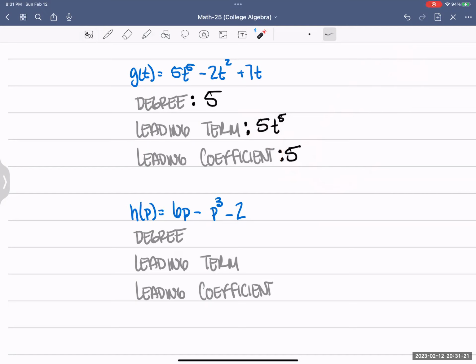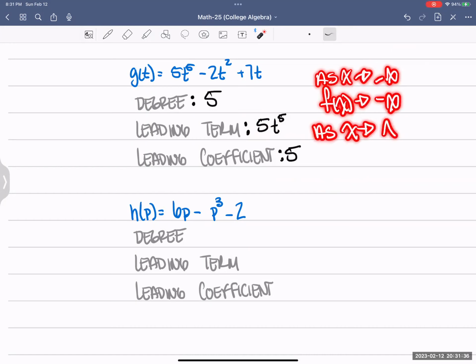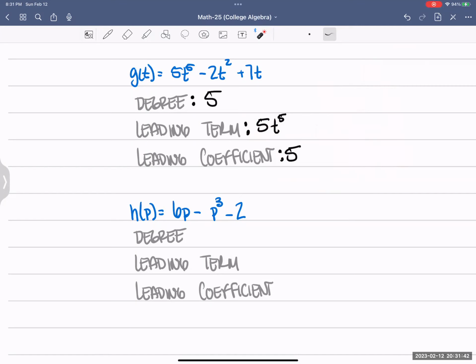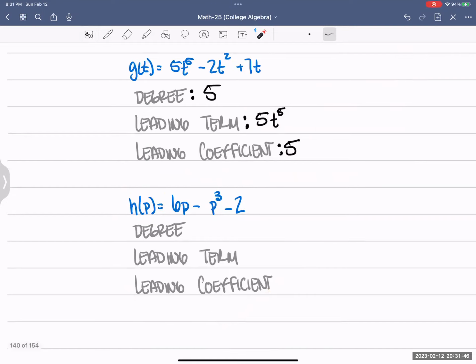So as x approaches negative infinity, our function also approaches negative infinity. And as x approaches positive infinity, our function also approaches positive infinity. There we go. And now we have one more that we could do.